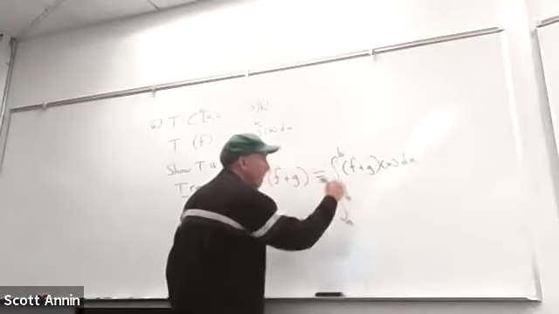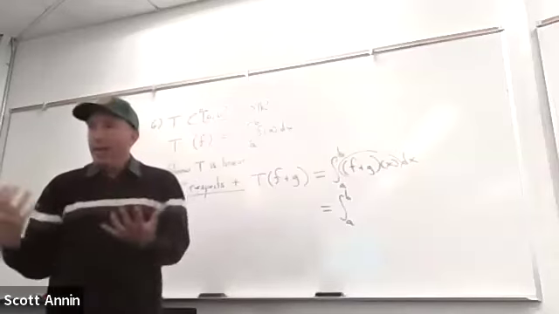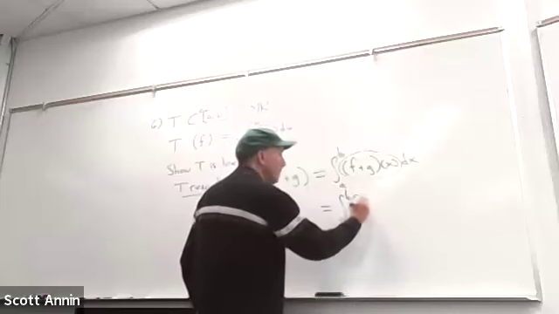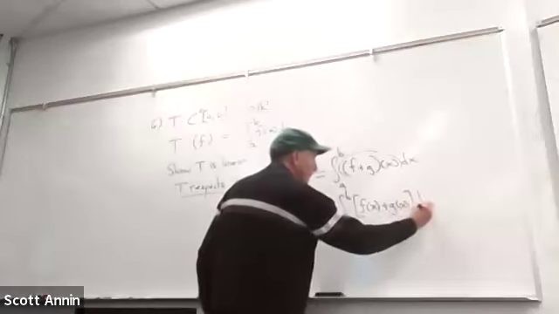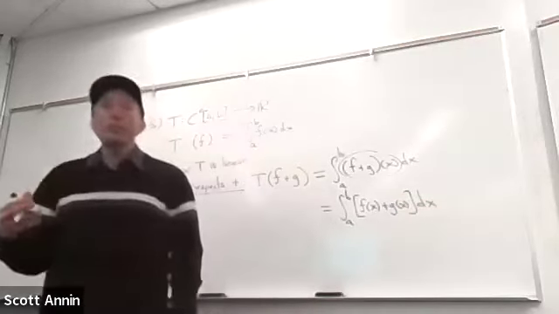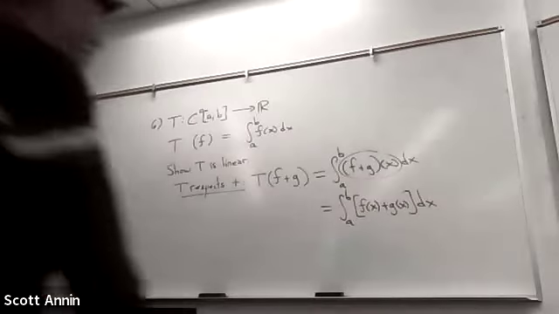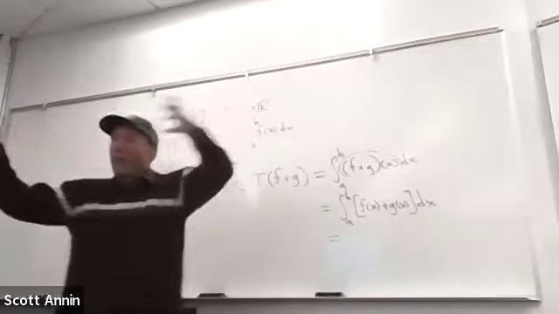Before I actually do anything with the integral, let me just explain what f plus g of x is. As a function, f plus g of x is just f of x plus g of x. Literally, that is what it means to add two functions together. So I would probably do that first. And now I think this is what you were talking about. We can pull this integral apart, right?